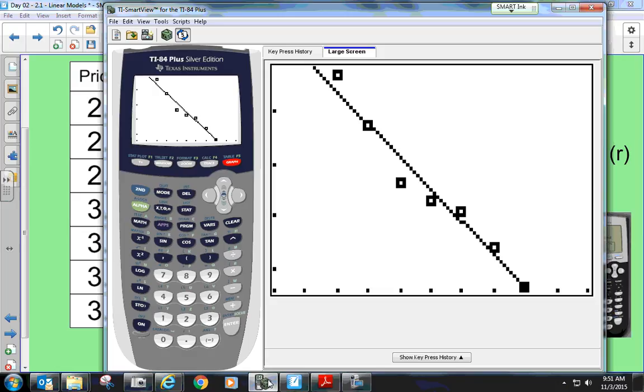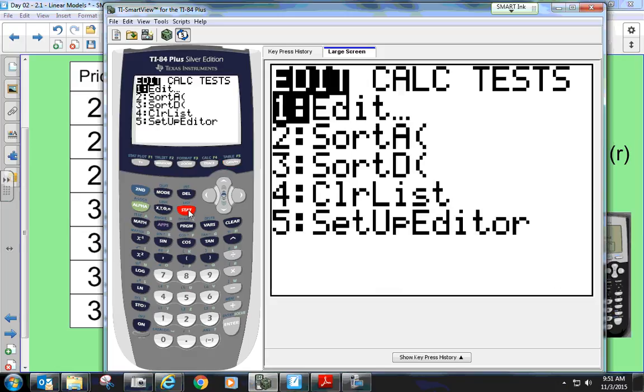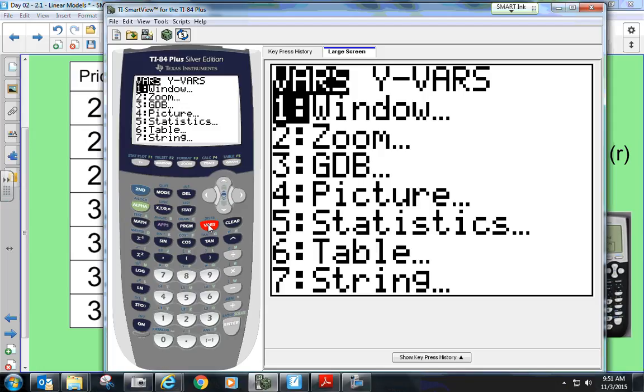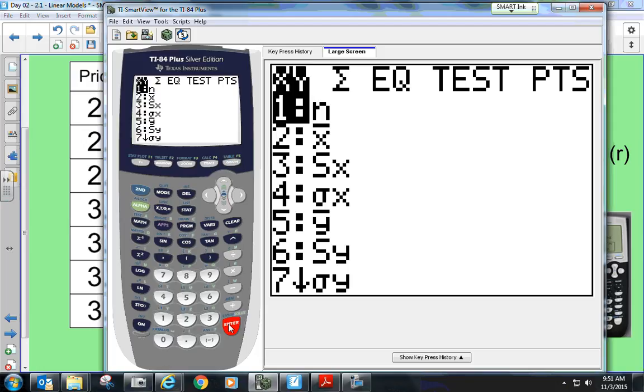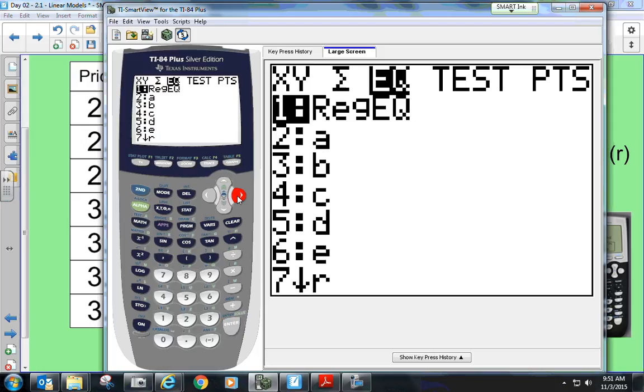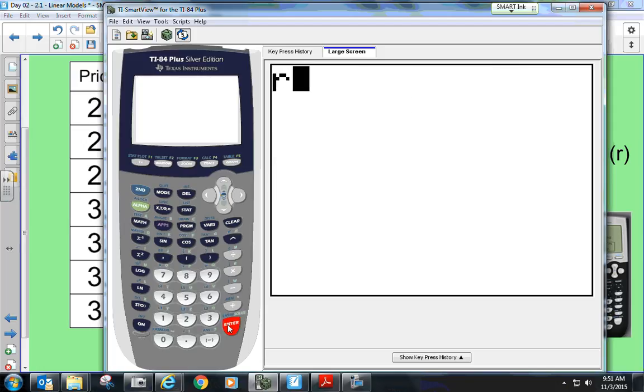So, I'm going to go to vars first. I go down to statistics, it's number 5. Hit enter. And then I want to go to EQ and see what number 7 is. And I hit enter not once, but a second time.